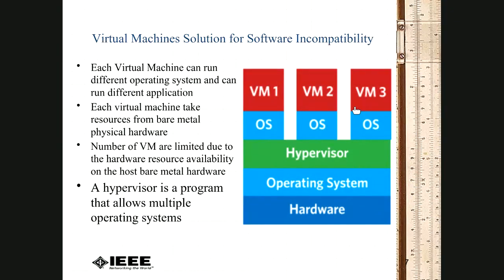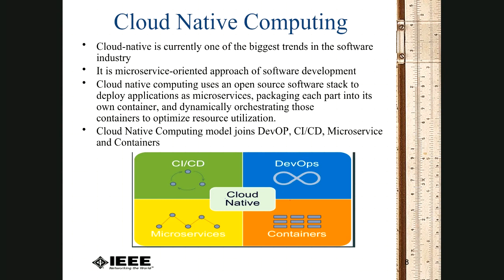Okay, so based upon these two issues, the issues related to the monolithic architecture and issues related to software compatibility, the concept of microservice architecture was presented. Before we go into that, let me tell you something about cloud computing.